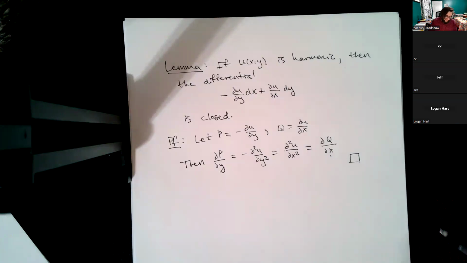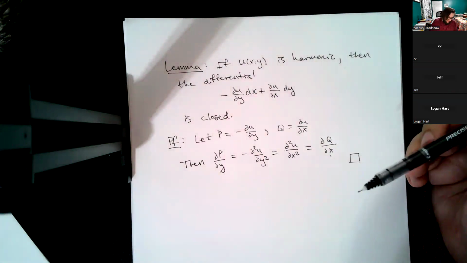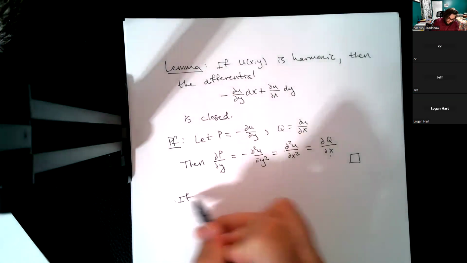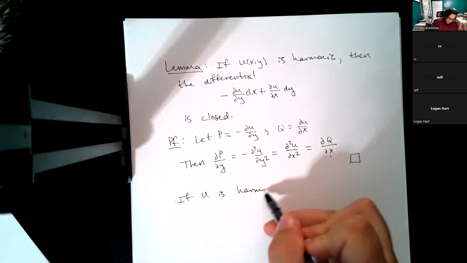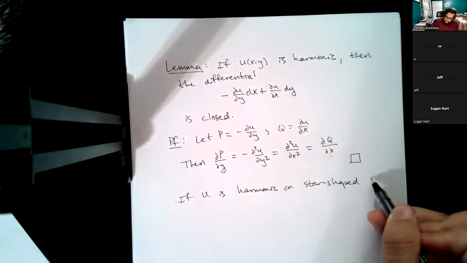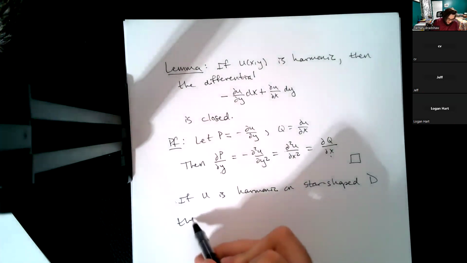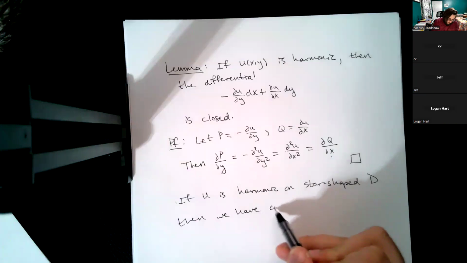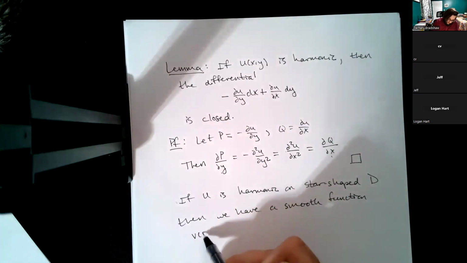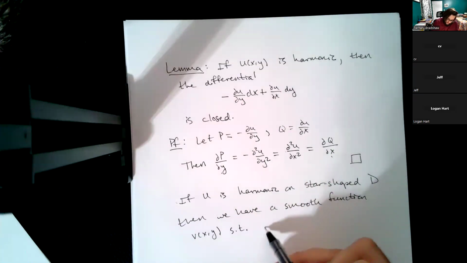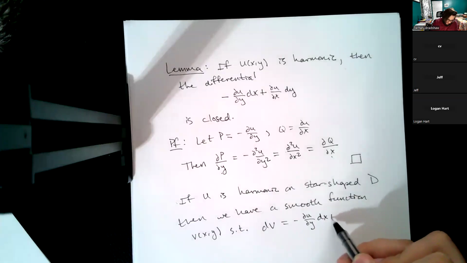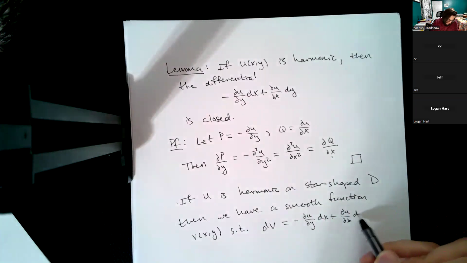Now if u is harmonic on a star-shaped domain D, then we have a smooth function v such that dv is minus du/dy dx plus du/dx dy.